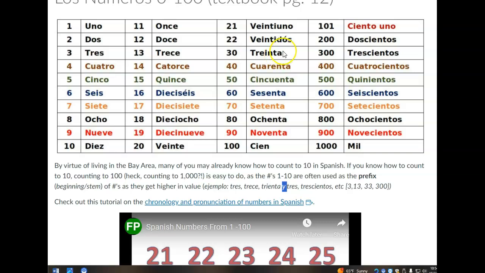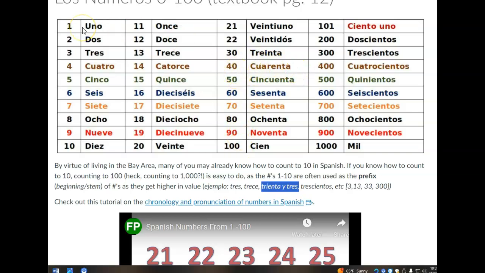So 31 would be treinta y uno. 32 would be treinta y dos. 33, as you can see here, would be treinta y tres. 34, 35, 36, 37, 38, 39. And that's the same for the other tens places.